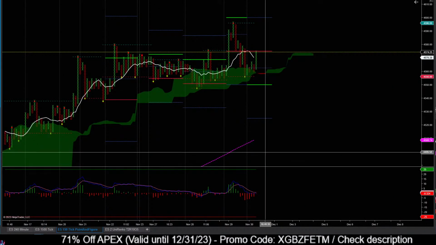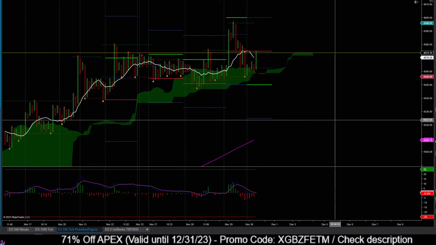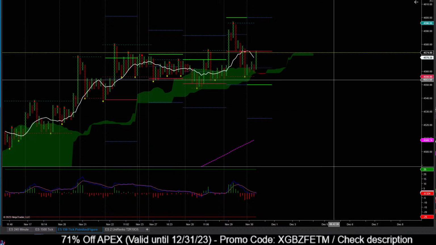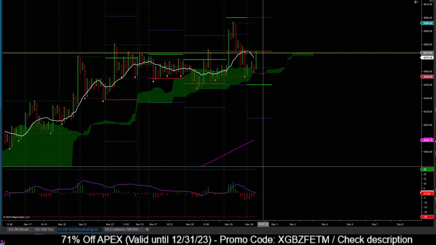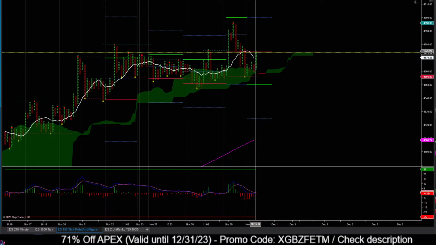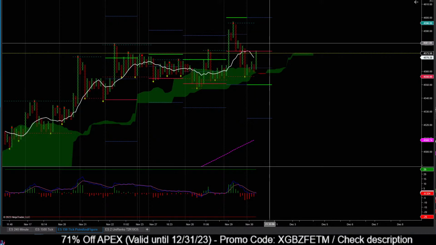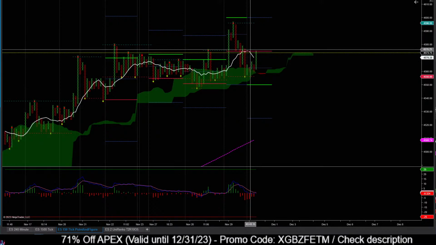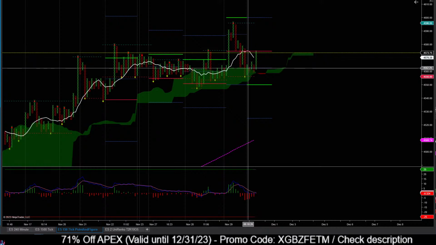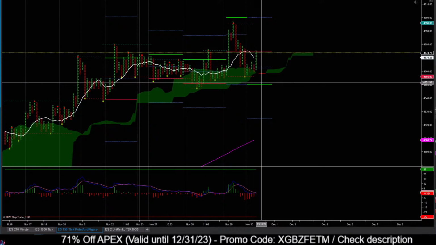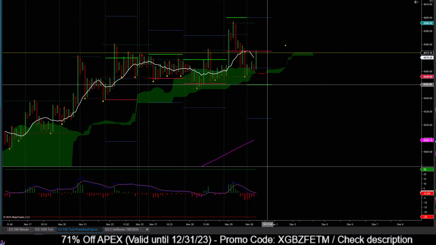So how I use this, I would say that you have to look at this as targets and lines of support. Not only targets, but lines of support and resistance, but also targets. So if you see that the price is moving from one to the other, your target should be around there.